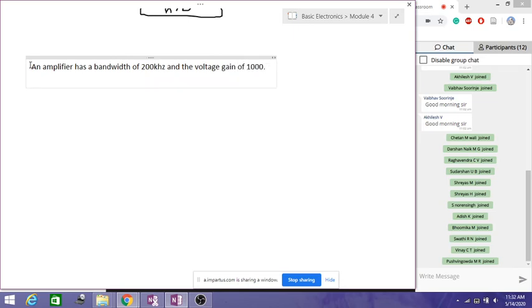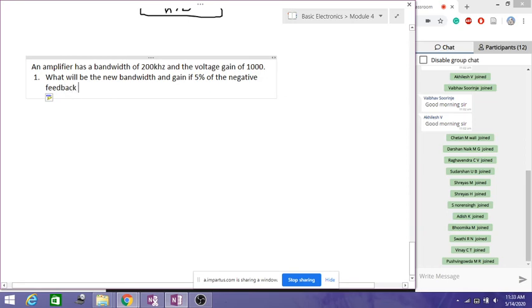So here the first thing we have to determine is what will be the new bandwidth and gain if 5% of the negative feedback is employed.